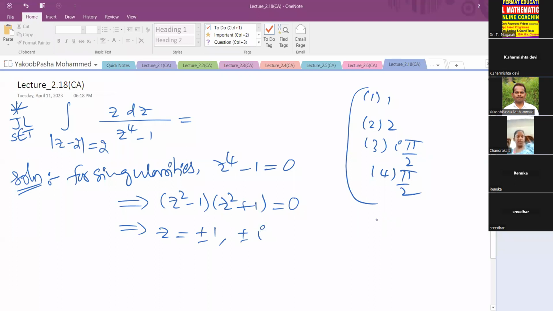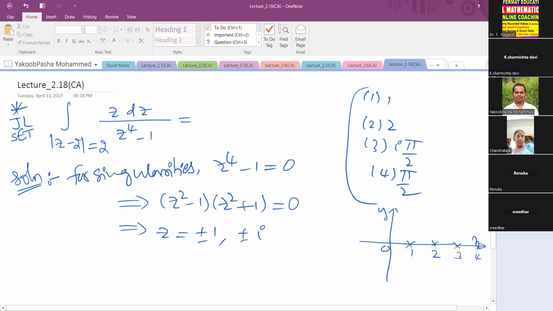Okay. Here the circle is centered at 2 with radius 2. This is the origin, real axis, and imaginary axis, and I am taking 1. This is the point 2, and we can extend this, this is the point 3 and point 4.